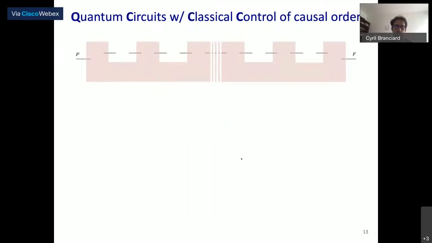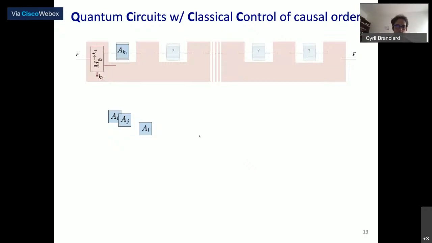We keep this teeth structure for the circuit. We have some empty slots where we will plug in the free external operations that we want to use in the circuit. But we don't define a priori which operation goes where. So we have this bunch of operations that we want to plug in, but we don't know yet where to plug them in. It's actually the circuit, as we use it, that will tell us which operation to plug in and where.